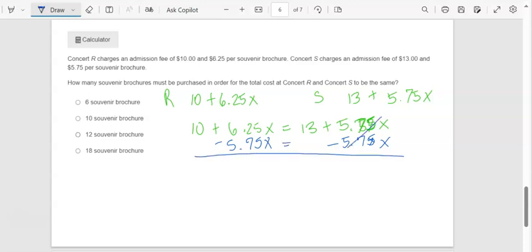All right, this cancels. Then we have 10 plus 6.25 minus 5.75. Put it into your calculator. Should be 0.5 or 0.50. You can just put 0.5. And then you're left with just 13.